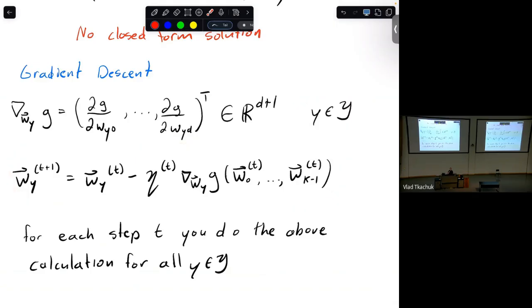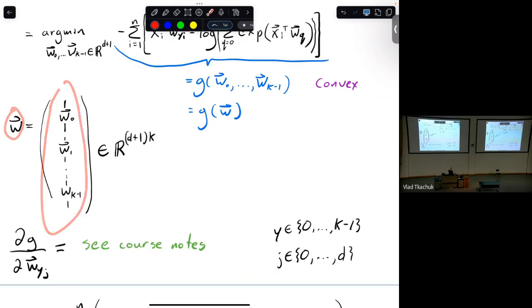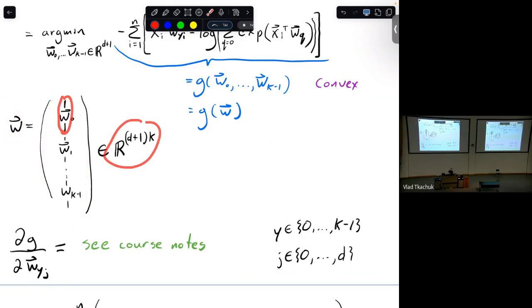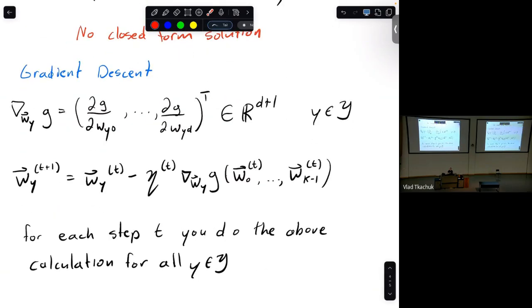All you're doing is, instead of updating this whole weight vector at once, this giant thing that we've stacked together, you're breaking it up into k individual updates. You could have stored the whole thing as a giant weight vector and done it as one update, but it's nicer to think about it as k updates at each step.